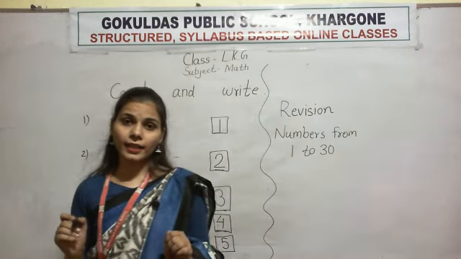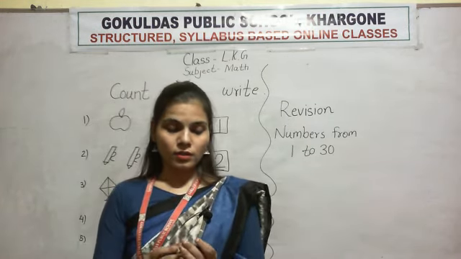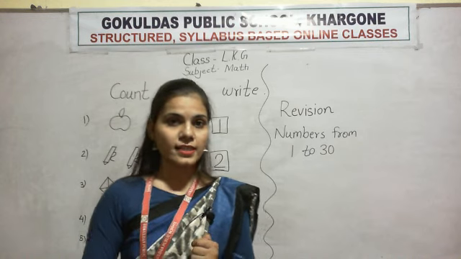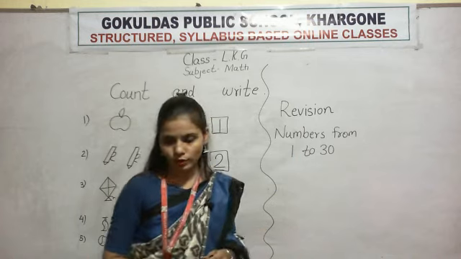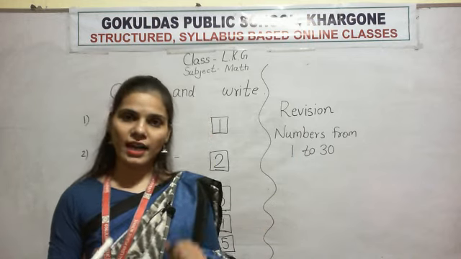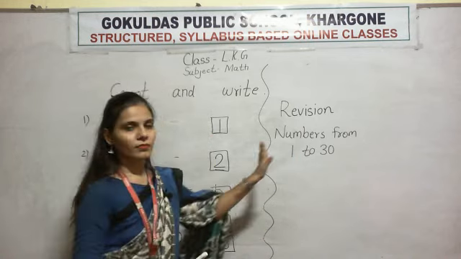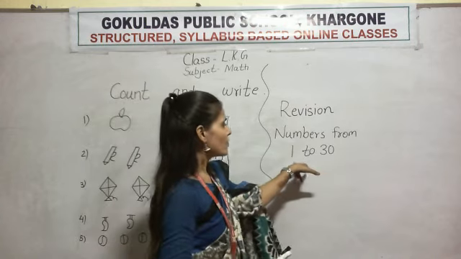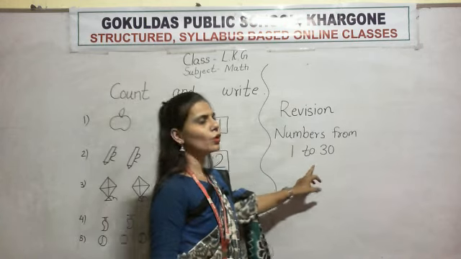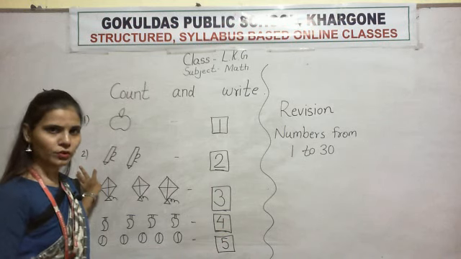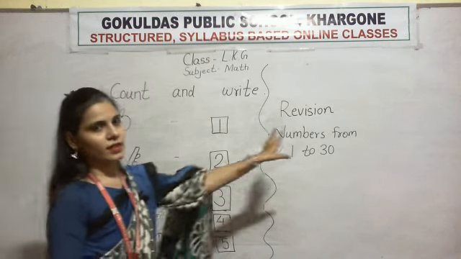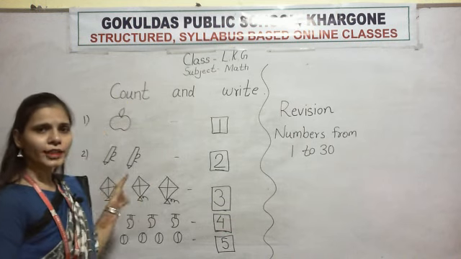You write again and again so that you practice it many times. Numbers from 1 to 30 and write also. Okay. Repeat also and write also. So the revision is numbers from 1 to 30, write in your notebook, and this portion also write in your notebook. Okay. So this is the revision part and this is the new topic.